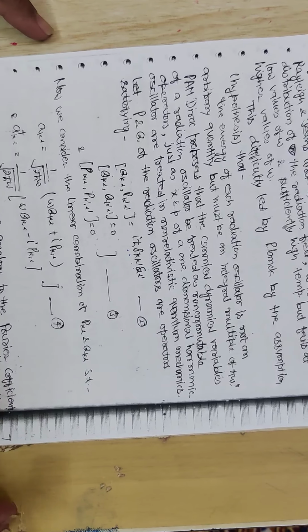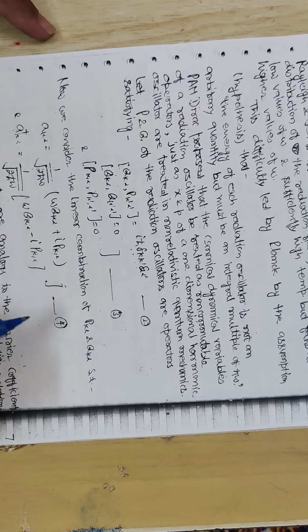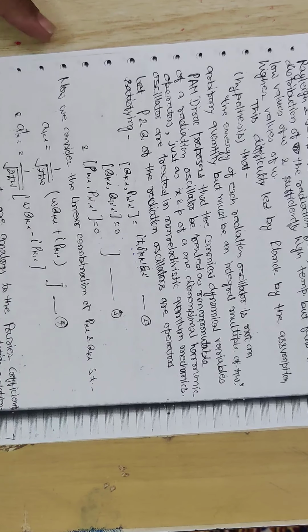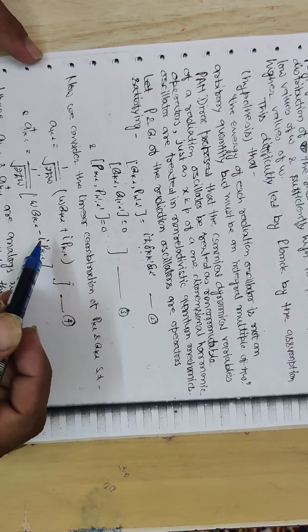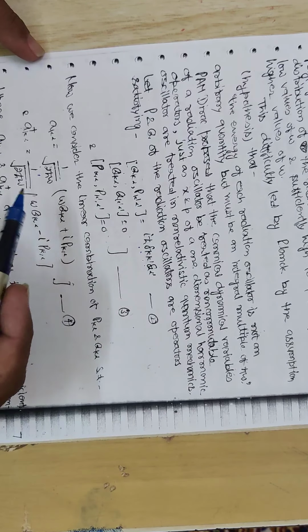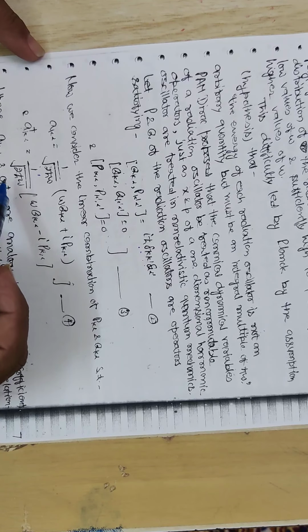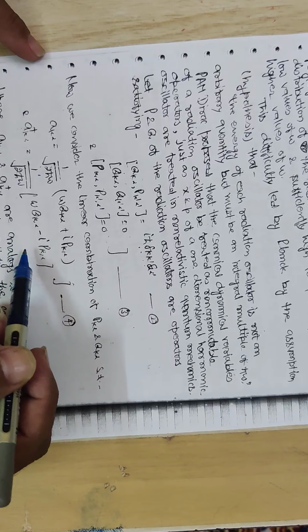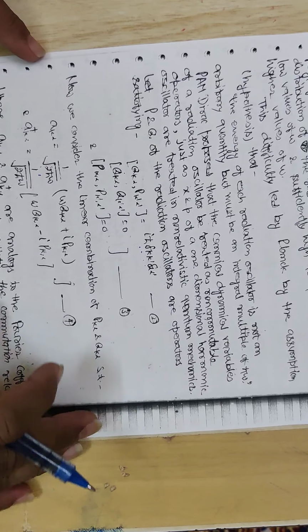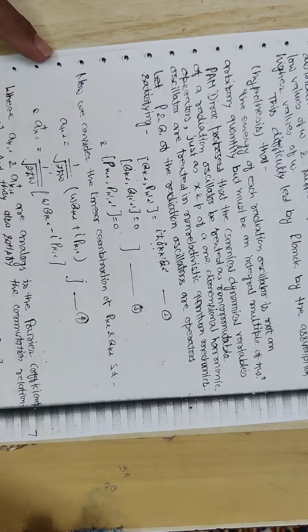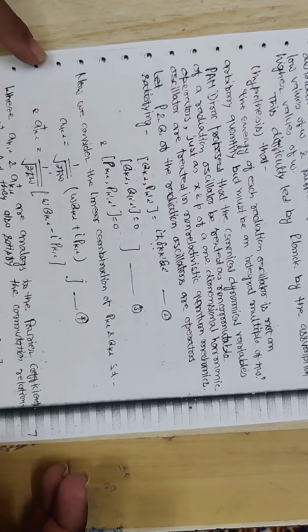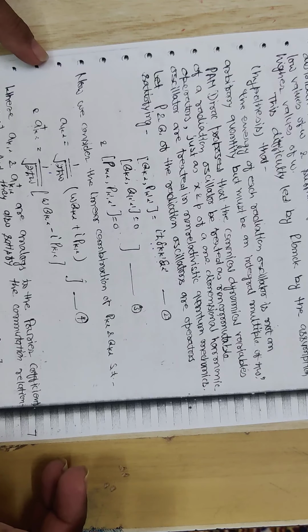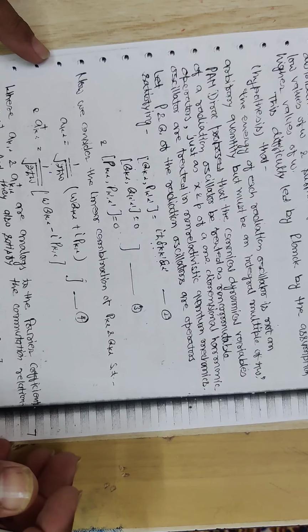Now we consider the linear combination of P and Q operators such that A equals 1 upon square root of twice h cross omega, times omega q plus iota p, and A dagger is represented as 1 over square root of twice h cross omega, times omega q minus iota p, where A and A dagger are analogous to the Fourier coefficients C and C dagger, and they also satisfy the commutation relation.